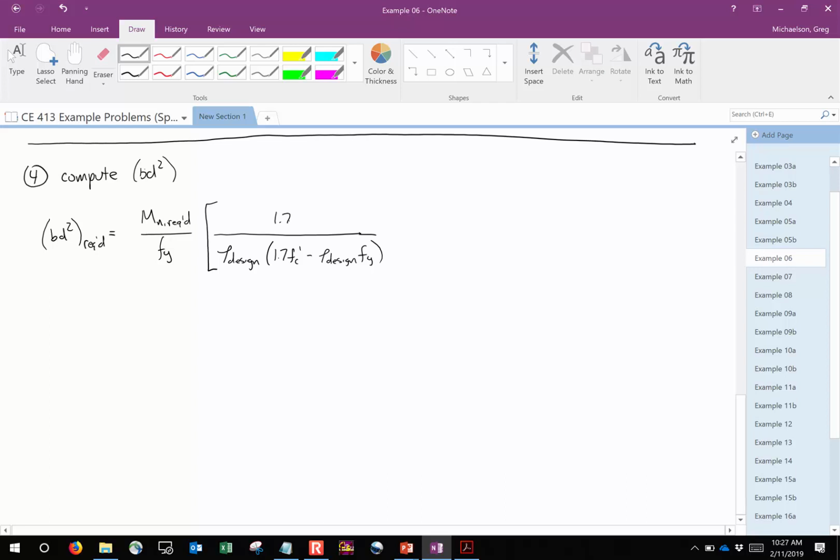And this is 1.7 f'c. Okay. All right. So to start, Mn required, okay, what was Mn required in inch-kips? 3686.4. Again, write those units out. This is in inch-kips.